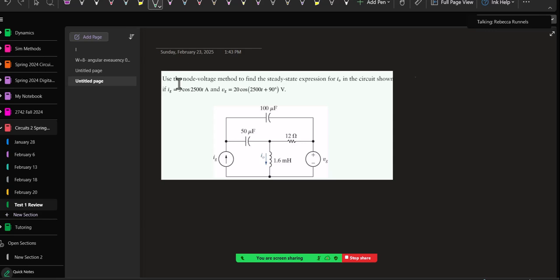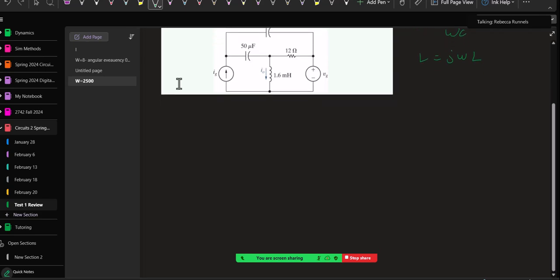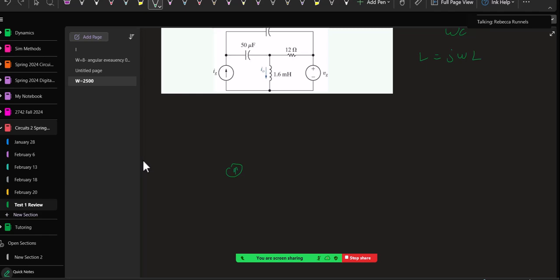So we know that omega is going to be 2,500, and we get that from our equations. And we know that our capacitors are minus J over omega C, and the inductor is J omega L. And when we do that, and also look at our voltage source and our current source, then this transforms into the current source becomes 5 angle 0.